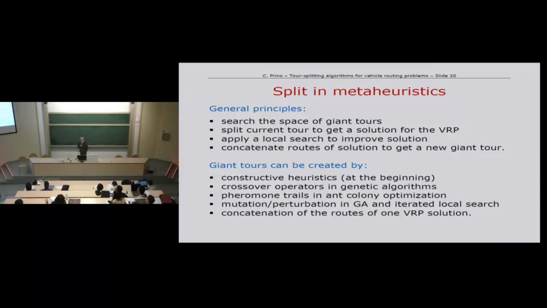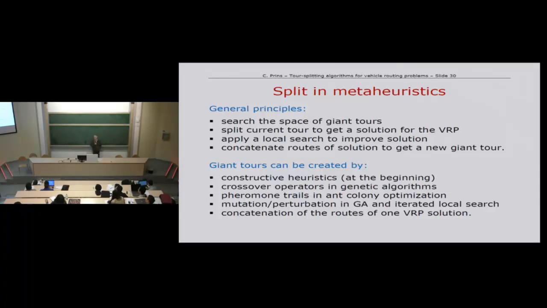And we apply immediately local search to improve solution, because in vehicle routing, the metaheuristics without local search, like the pure GA or the pure ant colony optimization, they are not good enough. Combinatorial optimization problems are really hard, and you need intensification using local search.